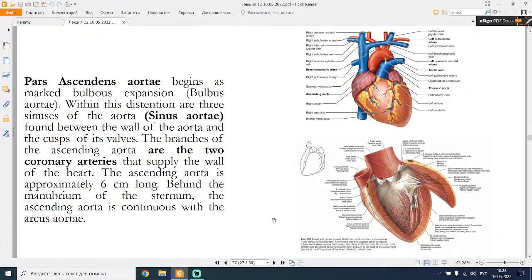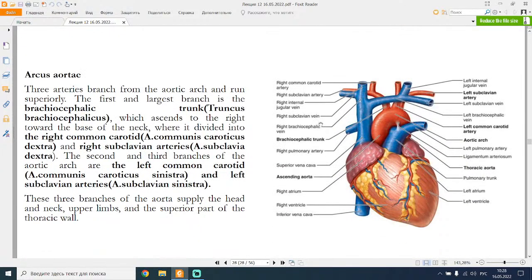Behind the manubrium of the sternum, the ascending aorta is continuous with the arcus aortae. This is pars ascendens, arcus aortae.